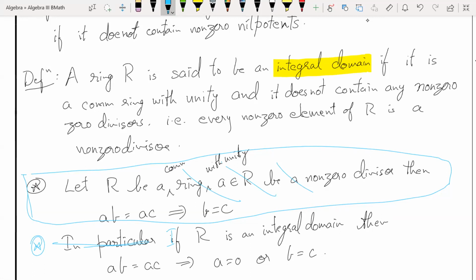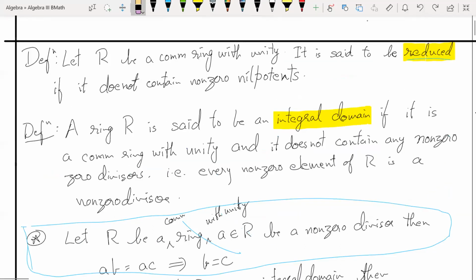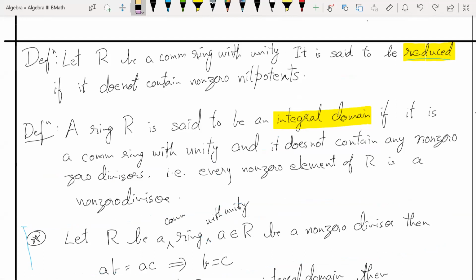Because A times (B minus C) is 0, and since A is a non-zero divisor, B is equal to C. So this is okay. I don't know why I got worried. Sorry, this is fine.